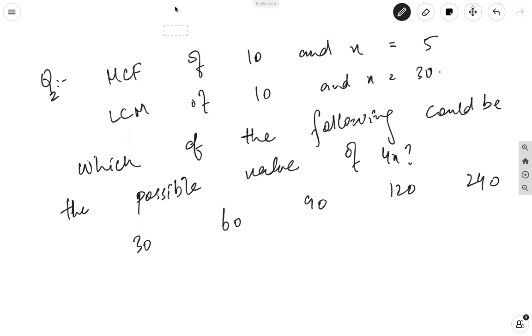Just take 2 minutes to solve this question. B. Yeah, 60.